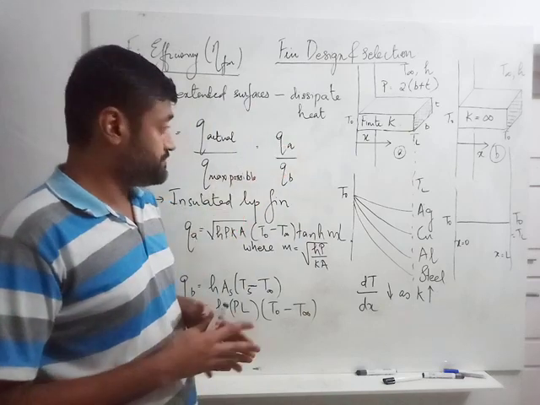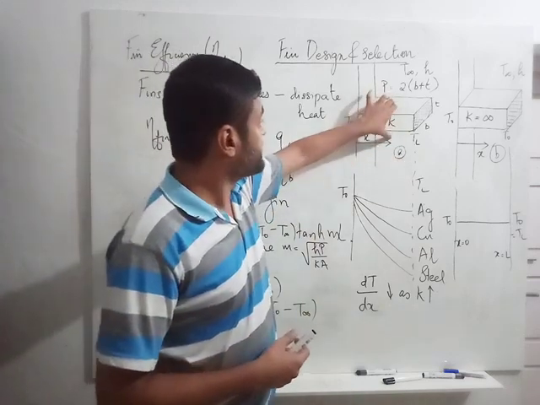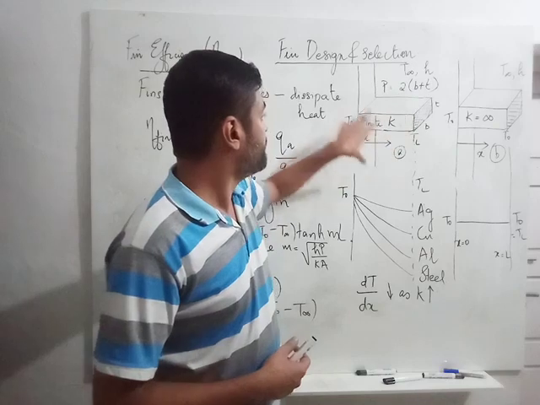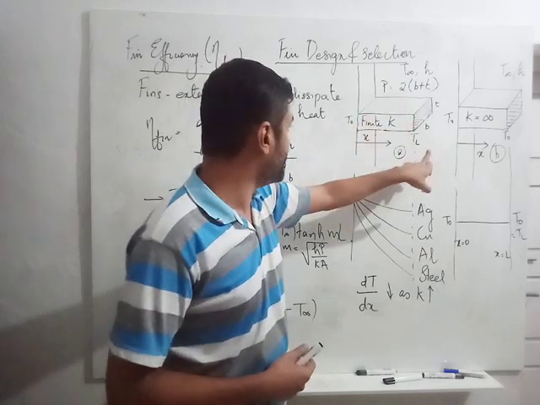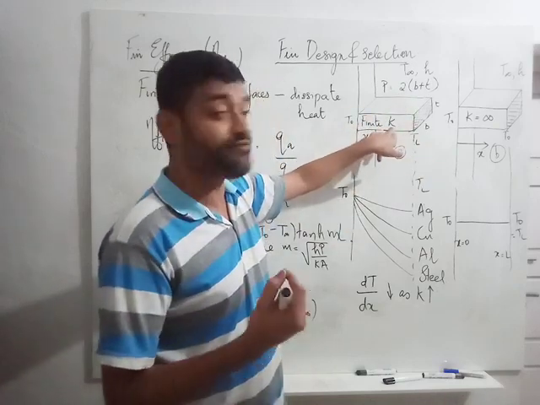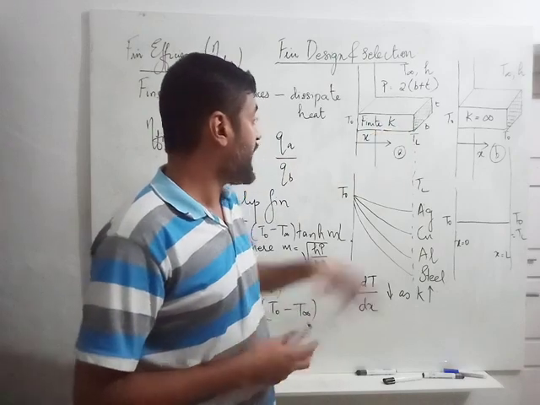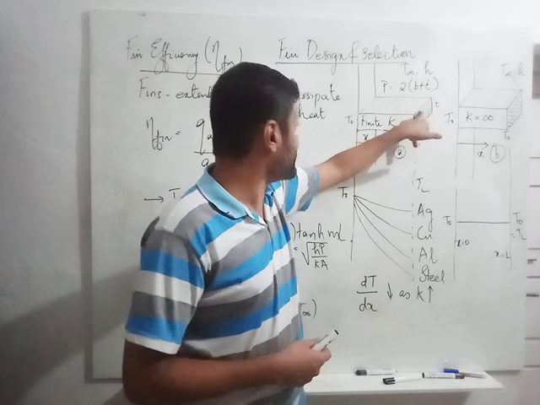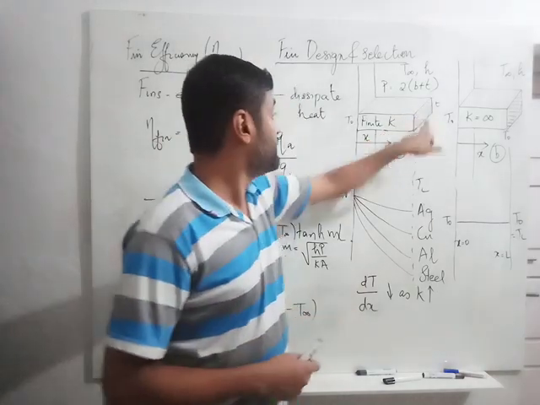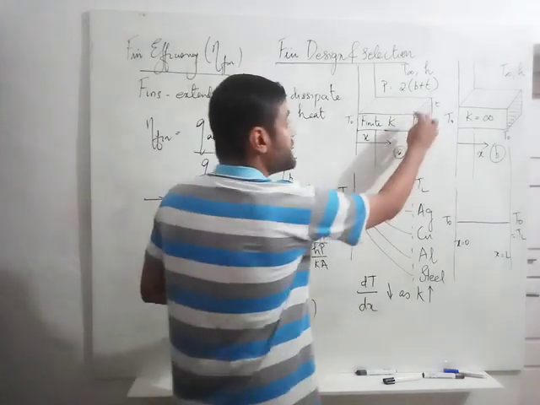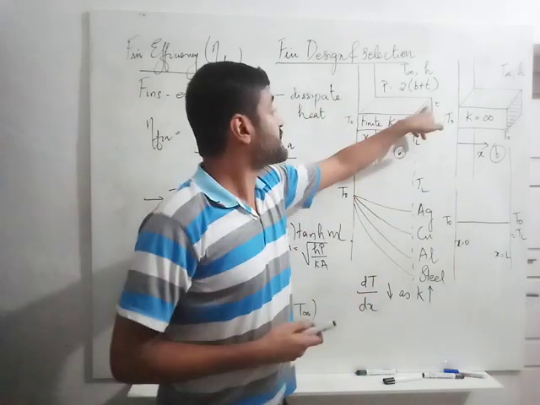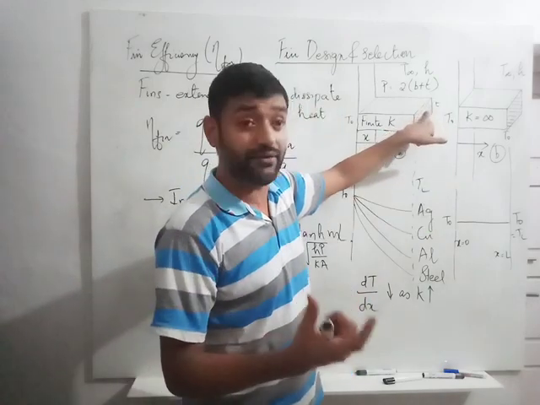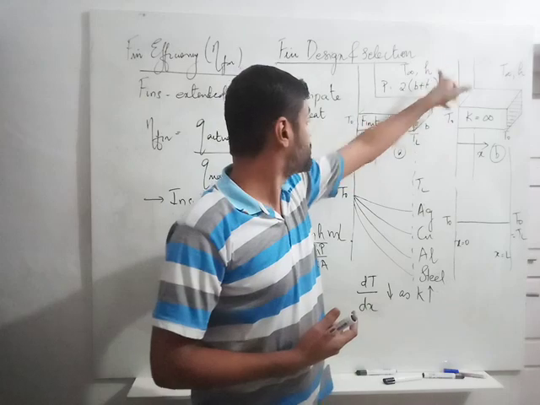Now Q actual is the heat transfer through this case where I am having a fin of length L made of a material with finite value of K. I have taken a case where the tip of the fin is insulated, that is, there is no heat transfer from the tip of the fin, or in other words, the shaded area does not have convection of heat to the surroundings.